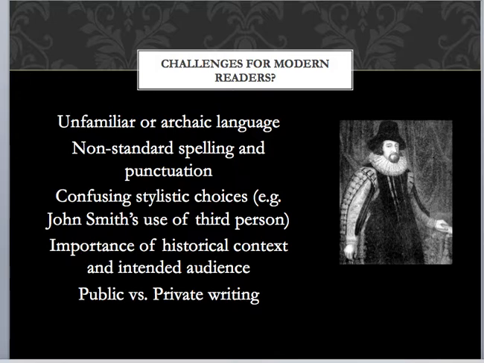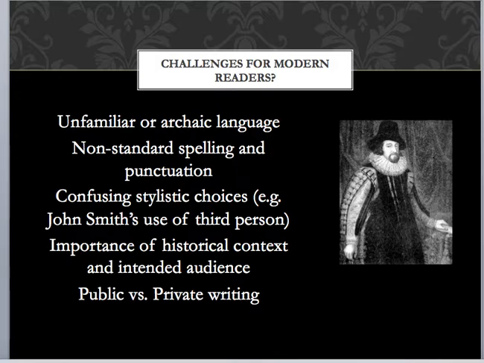They use unfamiliar or archaic language, words and phrases in English for the most part that we don't have anymore, or that we don't use the same way anymore. In some of this, especially in John Smith, you'll see non-standard spelling and punctuation. It will be sometimes hard to make it through a sentence without stopping a couple of times and figuring out what exactly is going on here.